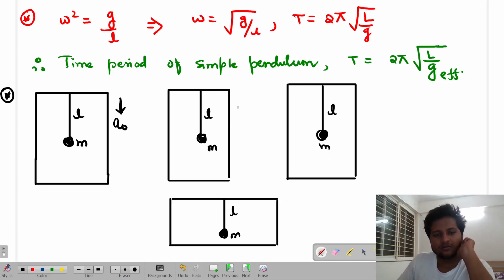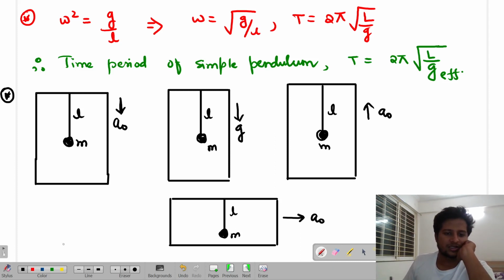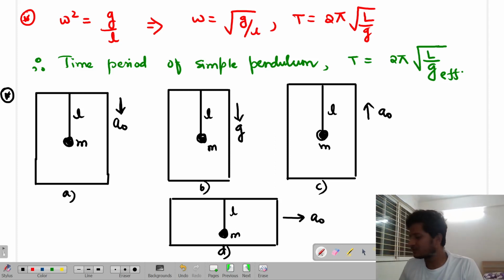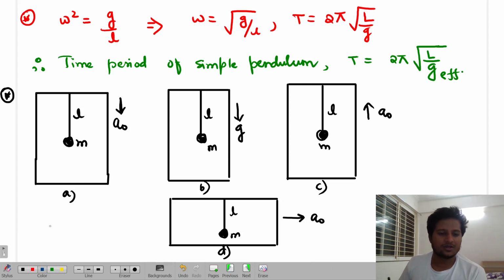This one is going with acceleration due to gravity. This one is going up with acceleration a naught. And this is going rightwards with acceleration a naught. If this is A, B, C, D, let us just think of it as going towards right. Then tell me the time period of the pendulum in each case.